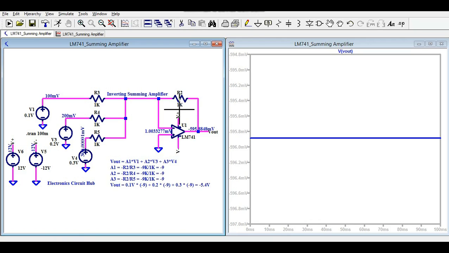All right, so since the gain for the three inputs A1, A2 and A3 is minus 1, and if you multiply by these voltages in the formula, you can see somewhere around, it's 9.59.